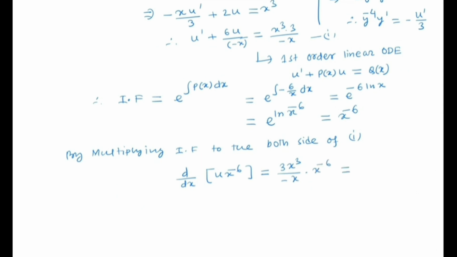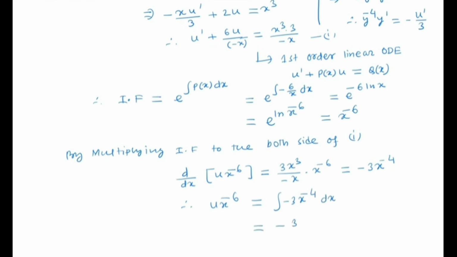So by simplifying, this will be minus 3x to the minus 4. So u x to the minus 6 is the integral of minus 3x to the minus 4 dx.